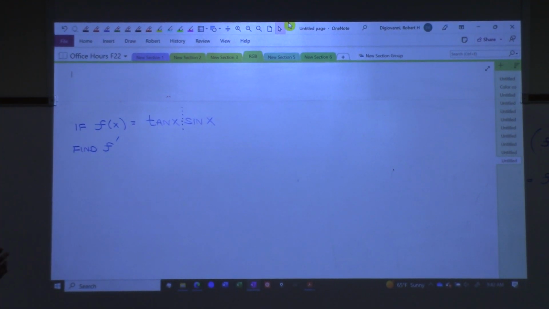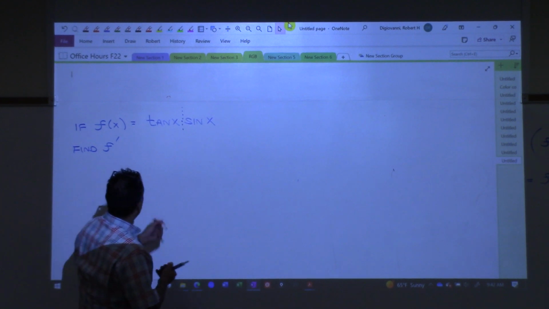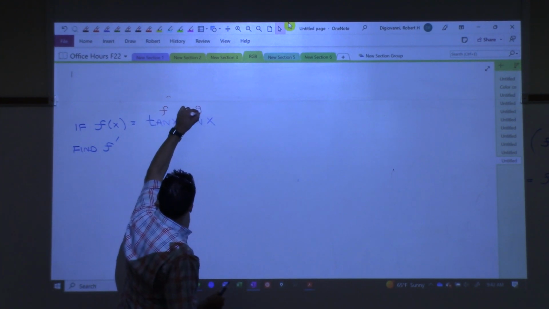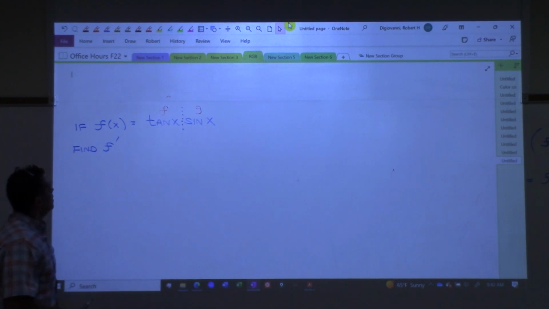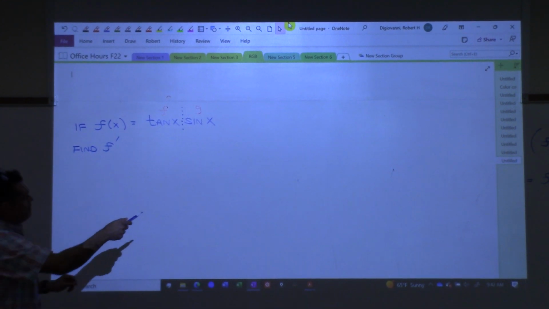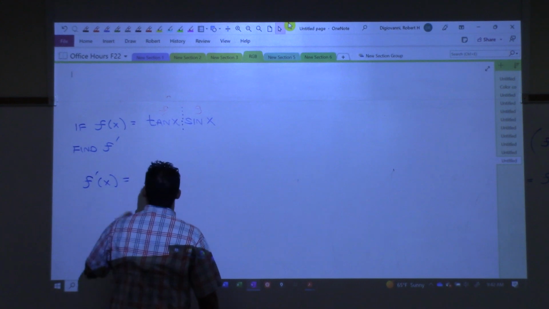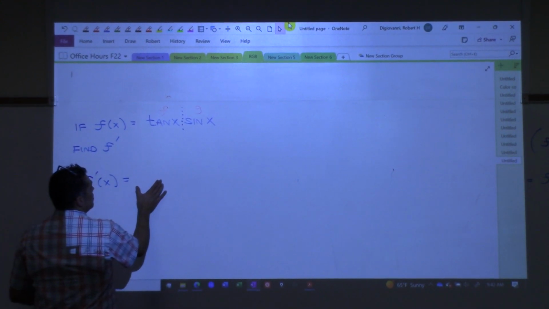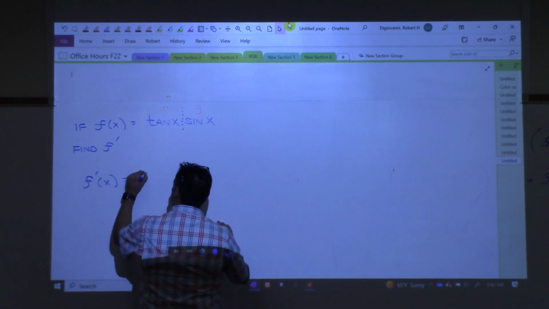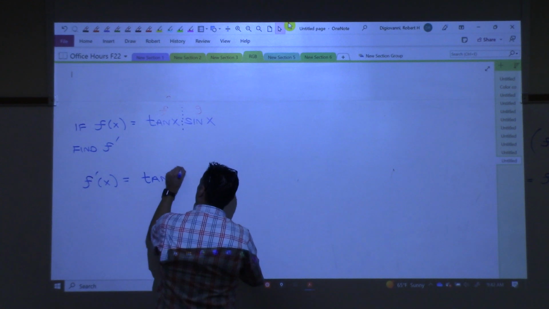So now, Hector, let's label each of these f and g, and then we're just going to follow that formula. Give me the first piece of this. Tell me what you're going to do, however you want to do it. f prime of tan x. Okay, you're going to take the derivative of tan x.